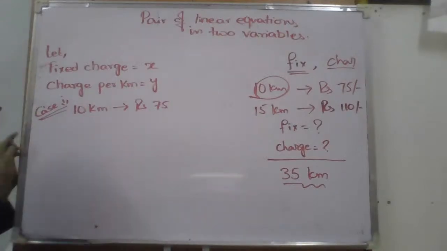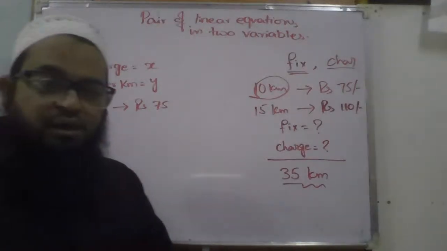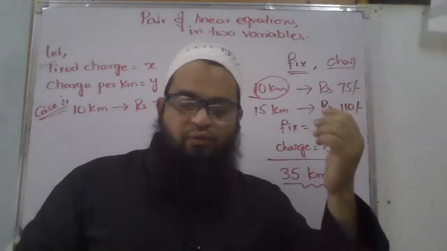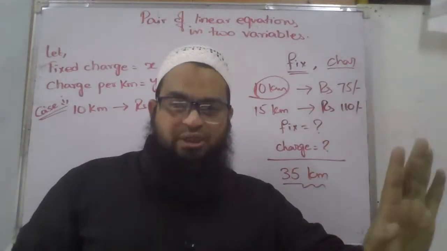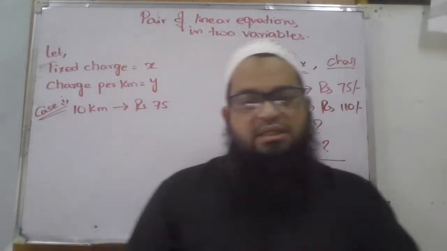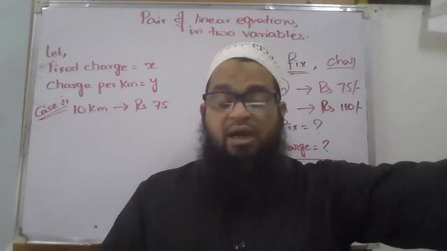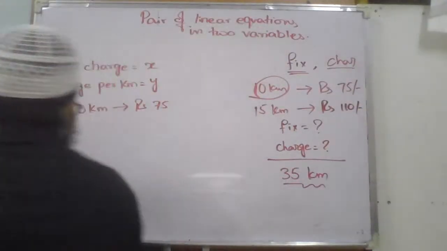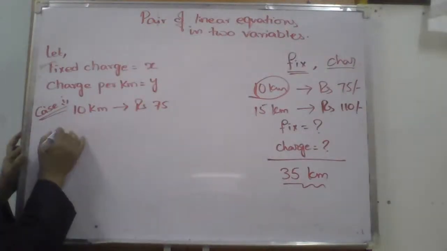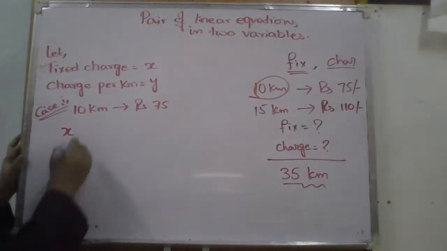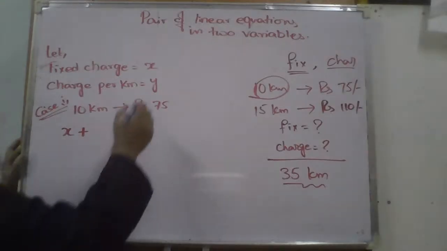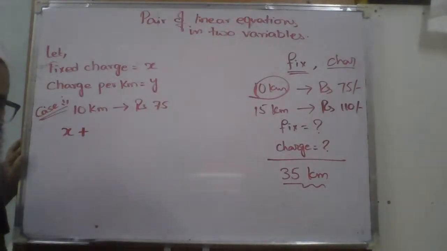Is it right? Whether you travel for 100 kilometers or 1 kilometer, they have a fixed charge. If you get into the taxi and get down at the end of the street, they will charge the fixed charge. So they have charged something fixed, plus 10 kilometers traveled, and the charge per kilometer is y.